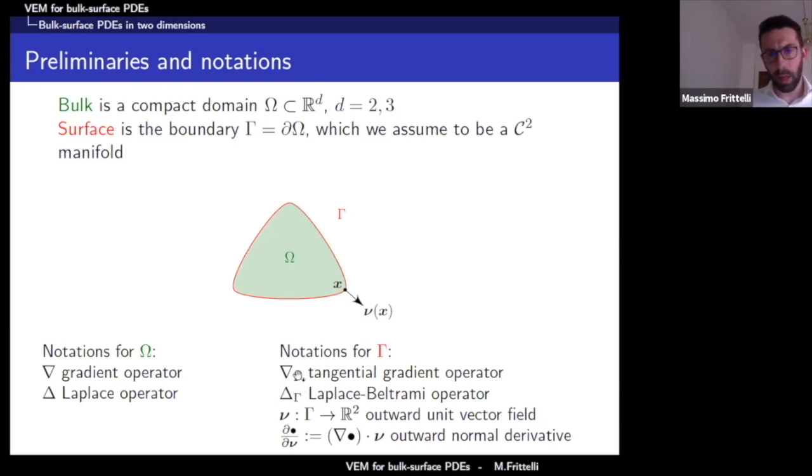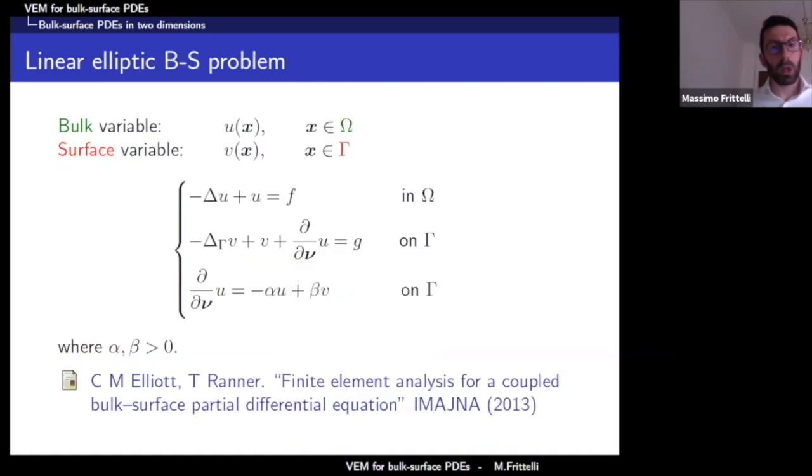And we are going to use this notation. Nabla gamma is the tangential gradient operator on gamma, and delta gamma is the Laplace-Beltrami operator. So we are going to consider two PDE problems.